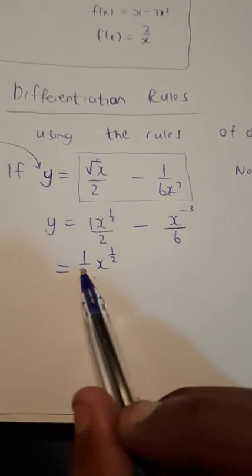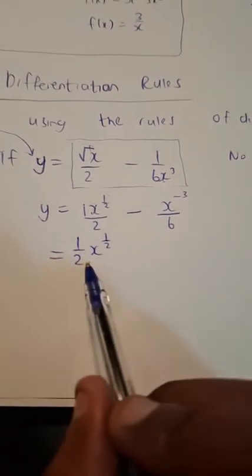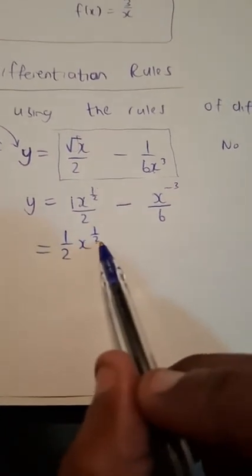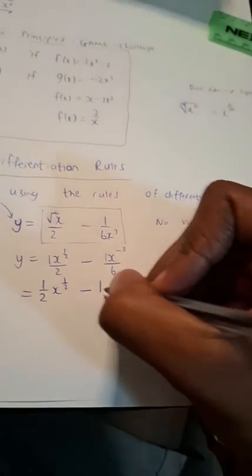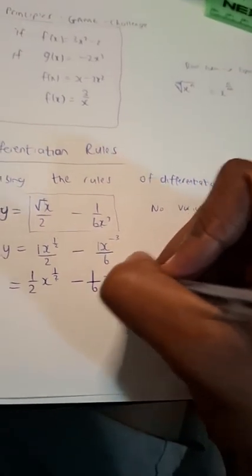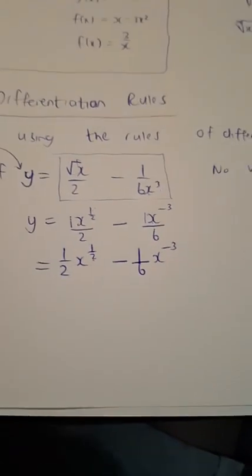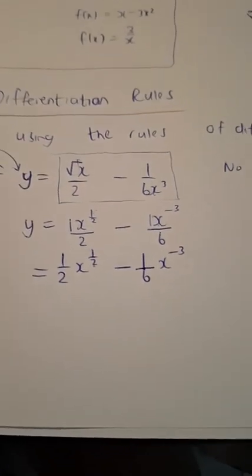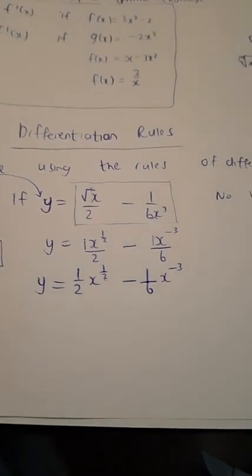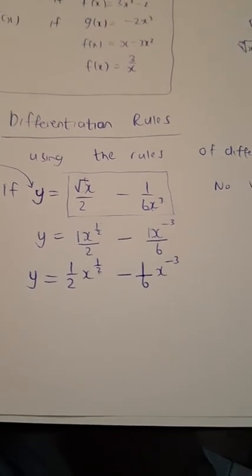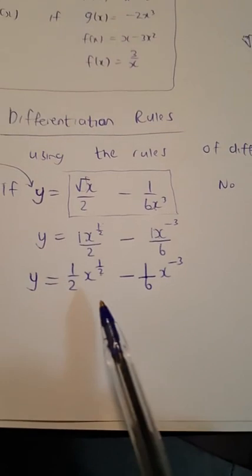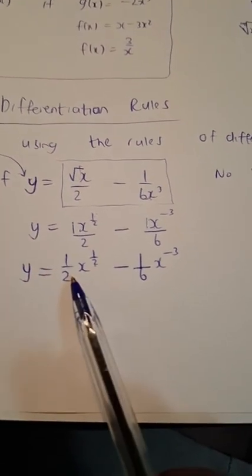The coefficient of x is a half, the variable is x, the exponent is half. Minus here, what's the coefficient of this x? It is 1. So I can write this wholly as 1 over 6 x to the power negative 3. This is so important here, guys, because remember, we cannot write or derive until what?